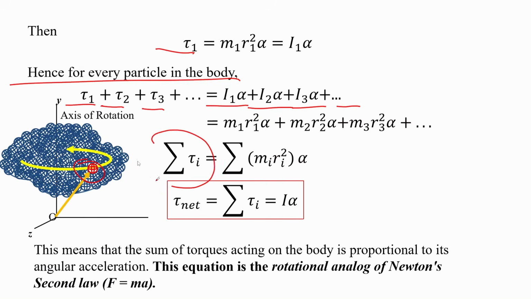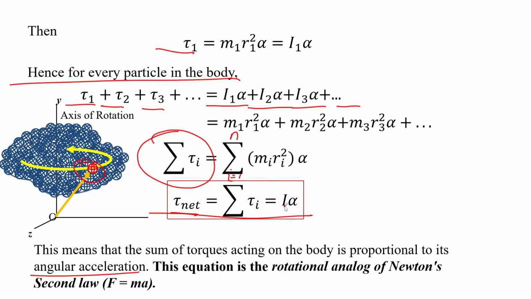If you sum the torques to get the net torque, it's just equal to the sum of m_i r_i squared, where i is equal to 1 to n particles, and that refers to the total I times alpha. So the net torque can be expressed as the moment of inertia times the angular acceleration. This means that the sum of the torques acting on the body is proportional to the angular acceleration alpha.